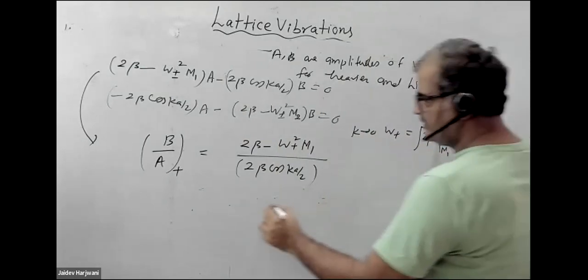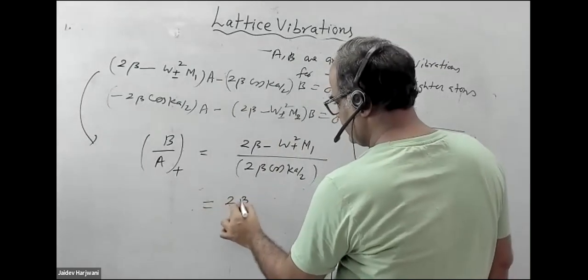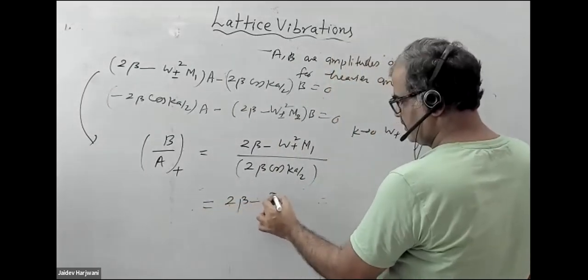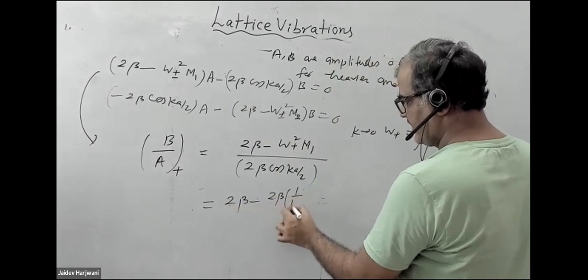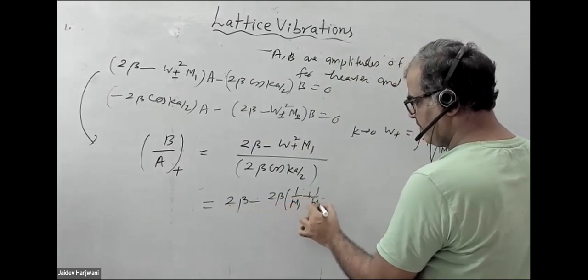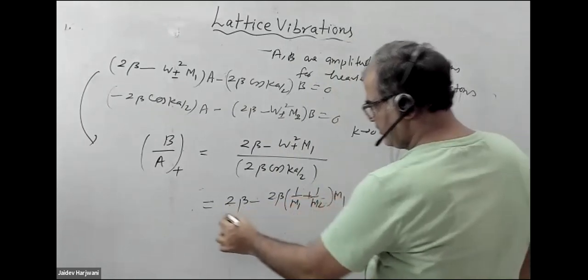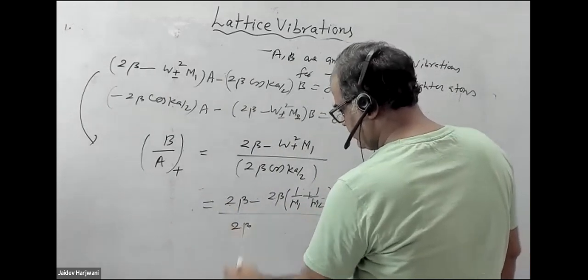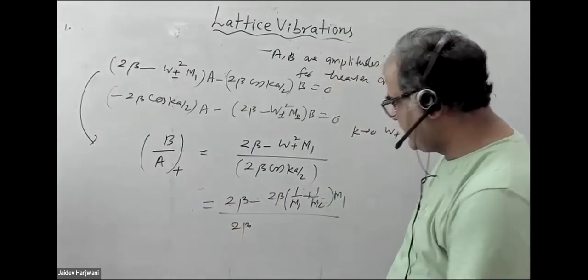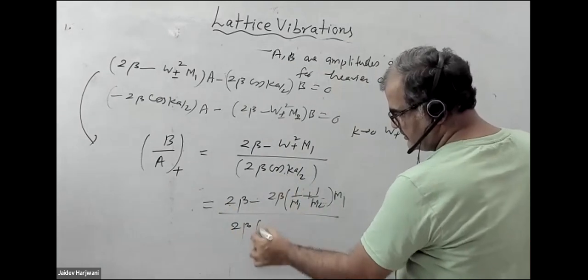Put these values here. So we have 2 beta minus 2 beta (1 upon m1 plus 1 upon m2) m1, with cos k equal to 1.